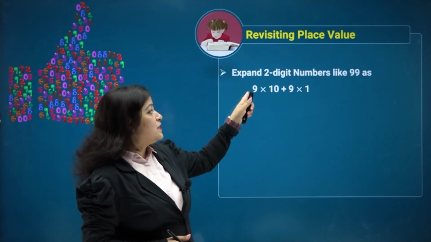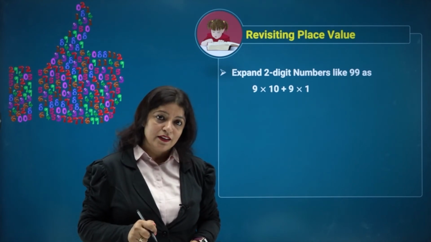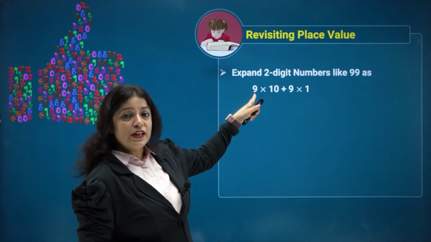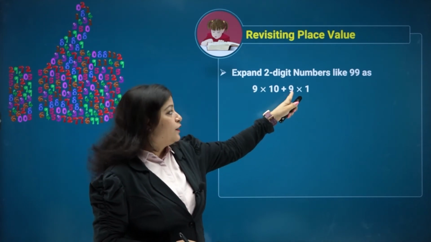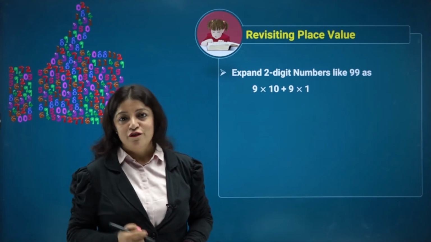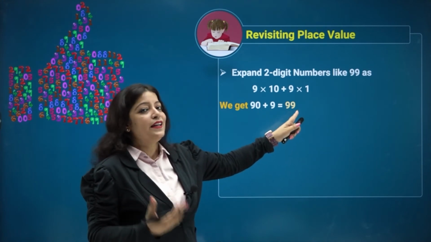Now, why 9 is multiplied by 10? Because in the number 99, the first 9 is at the tens place. So, tens place digit is multiplied by 10 and the units place digit is multiplied by unit, that is 1. So, we can say 90 plus 9 you get 99.